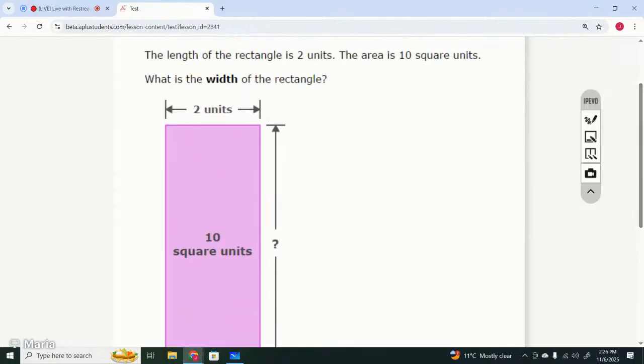The length of a rectangle is 2 units. The area is 10 square units. What is the width of the rectangle?